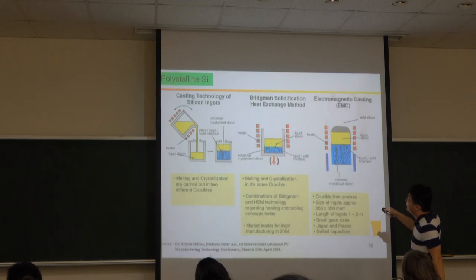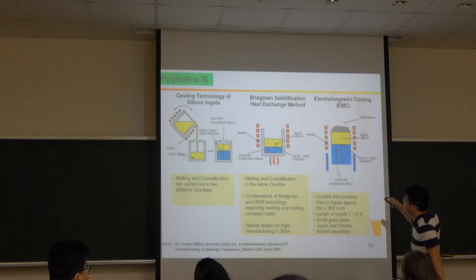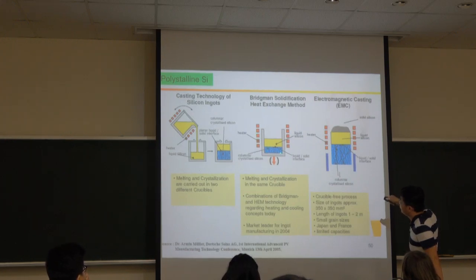Here you can see this is the crucible. This crucible moves. Here is the inductor. Once the crucible drops and moves this way, because it is moved away from the heater, here it becomes solid from liquid. Here is the interface.